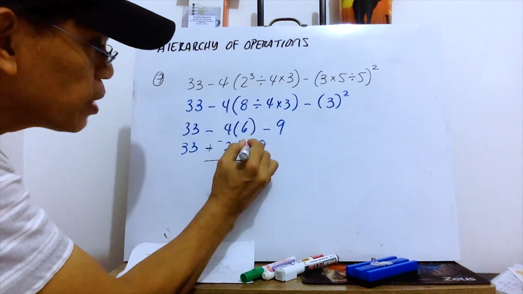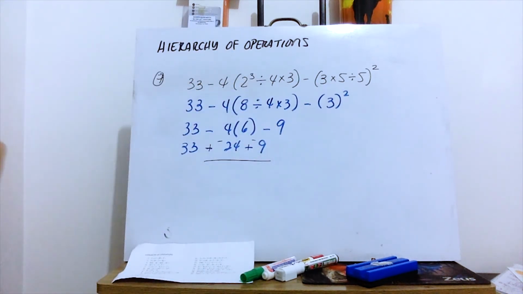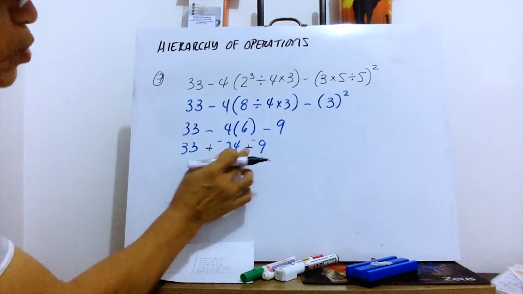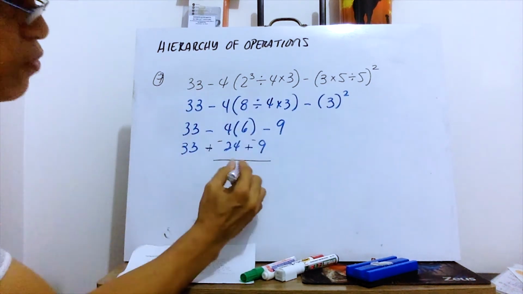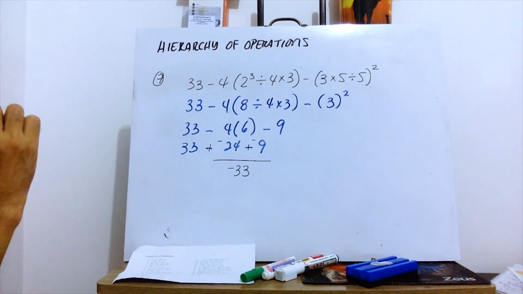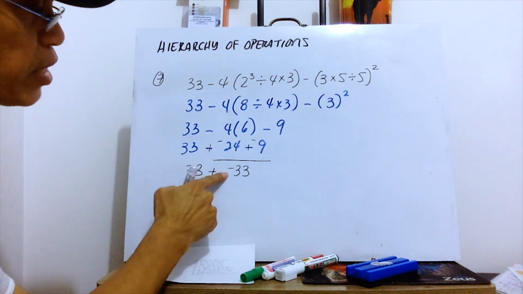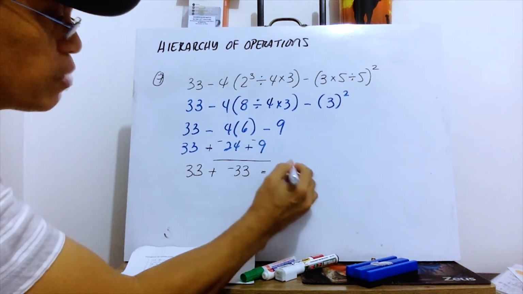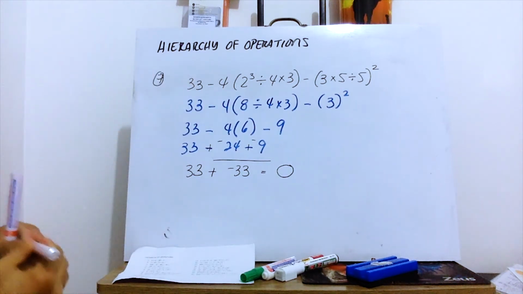Negative 24 plus negative 9, that's negative 33. So 33 plus negative 33, and that's equal to 0.